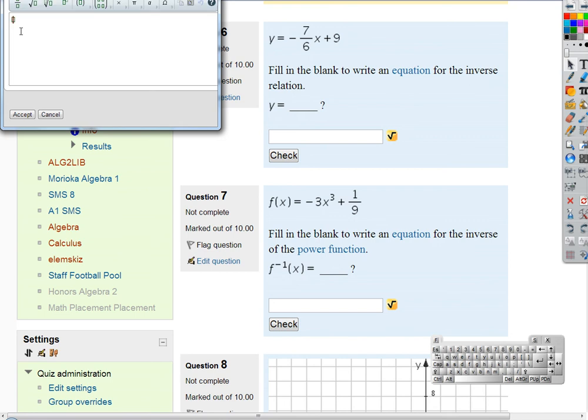Negative 6, and was it x minus 9? Is that right?